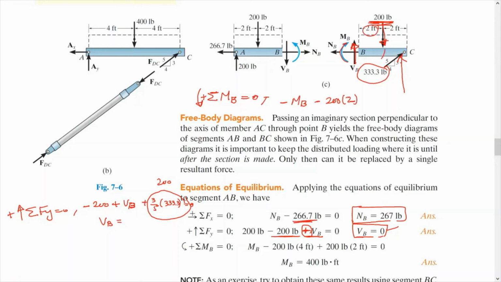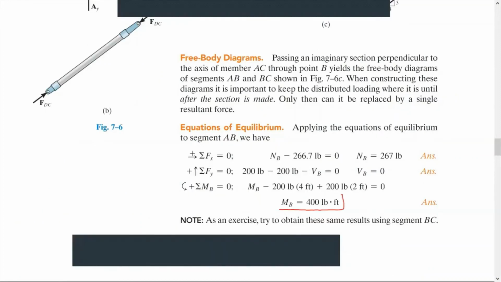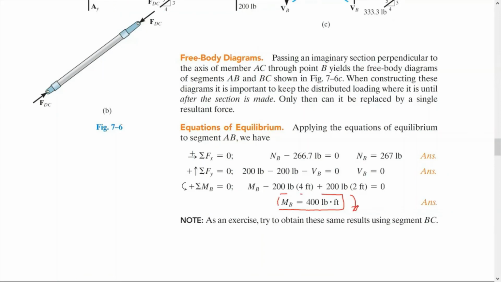Minus, because it tends to rotate the piece clockwise, plus the vertical component of this, 3/5 times F_DC, which is 333, times the distance between points C and B. The distance here is 4 feet. So this equals 0. One equation with one unknown. So M_B is equal to 400 pound-feet, and the direction is clockwise.